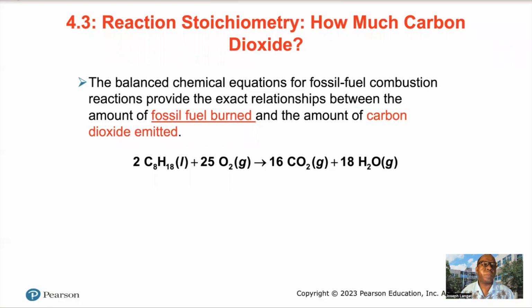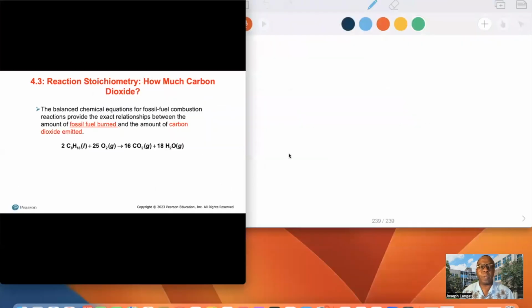And what is stoichiometry? It comes from the Greek term stoichion.